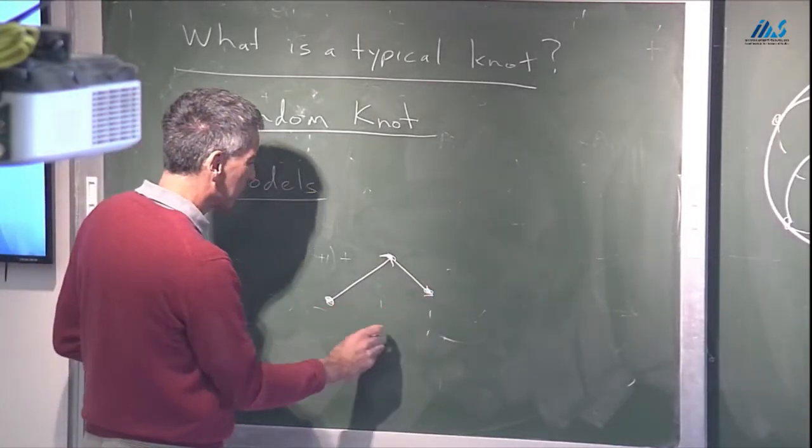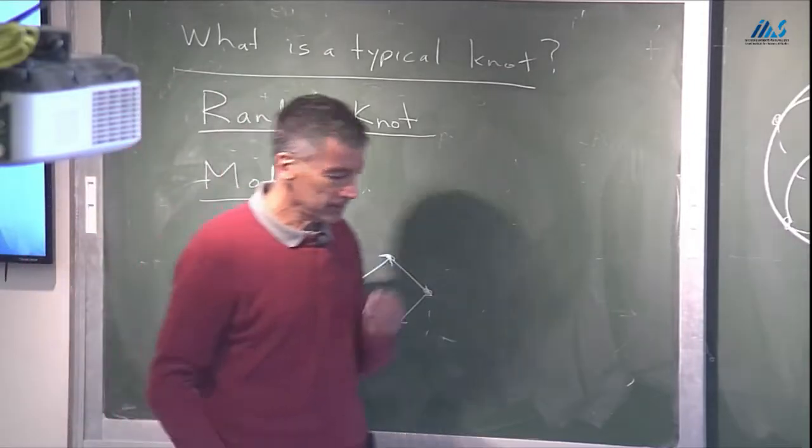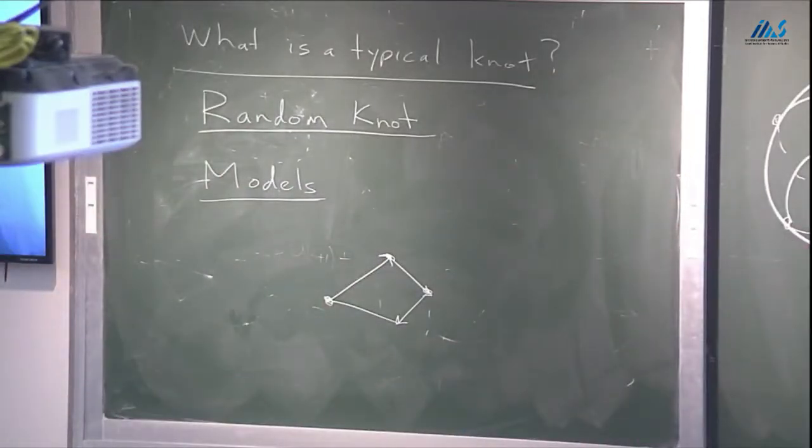After a certain number of steps, you just close up. Very little is known about such models, such as what's the distribution of knots in them. It's easy to do numerical studies, but it's very hard to actually prove things in such models.